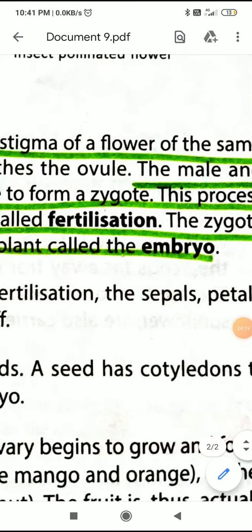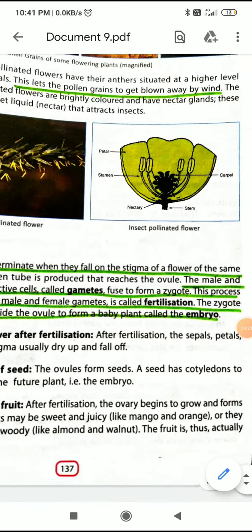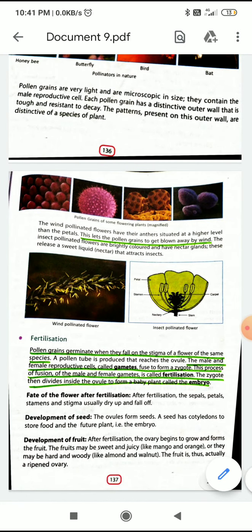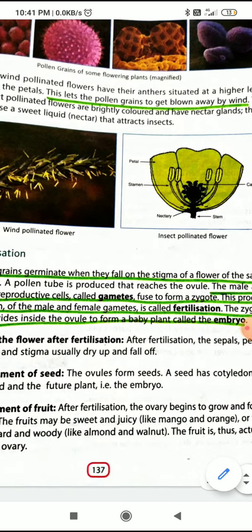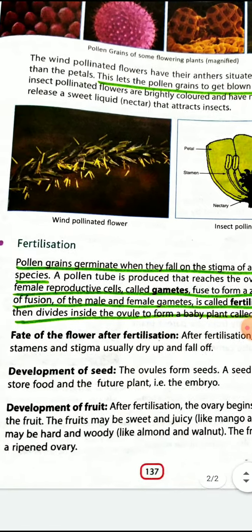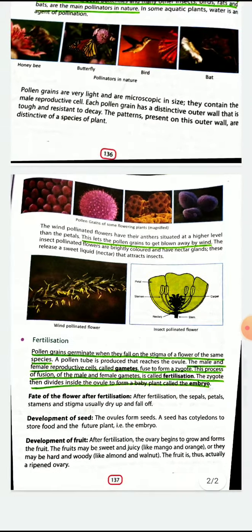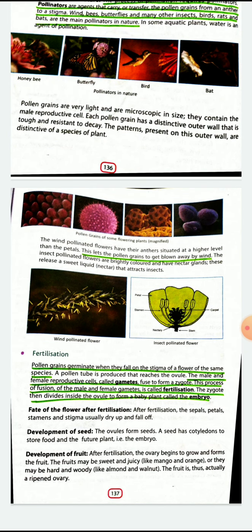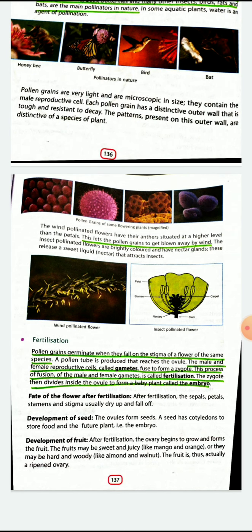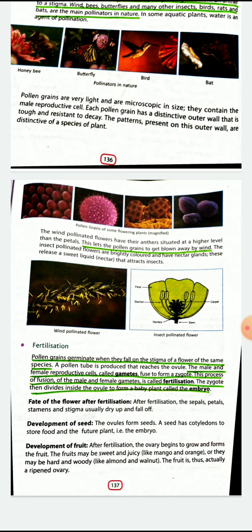The embryo is formed after fertilization, when the zygote divides. Now here are some points given to you: the fate of the flower after fertilization.